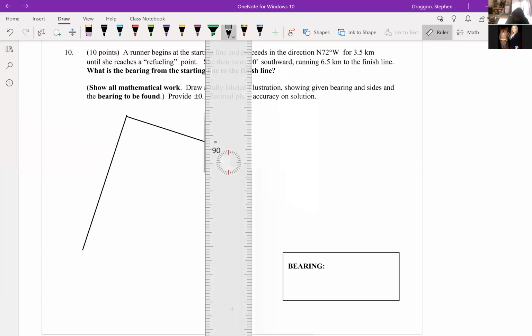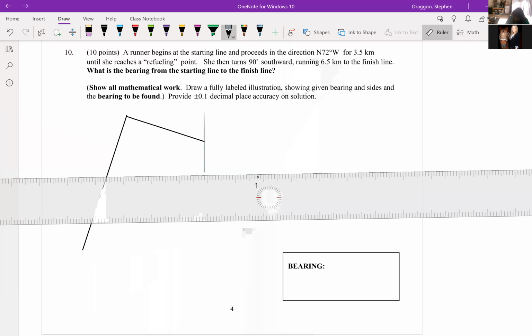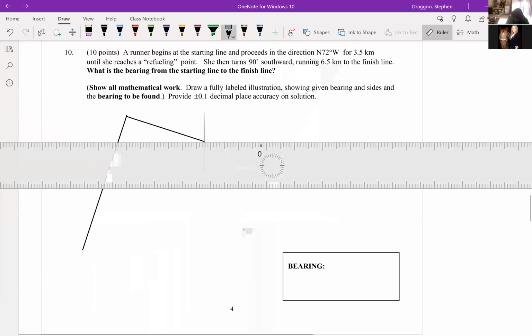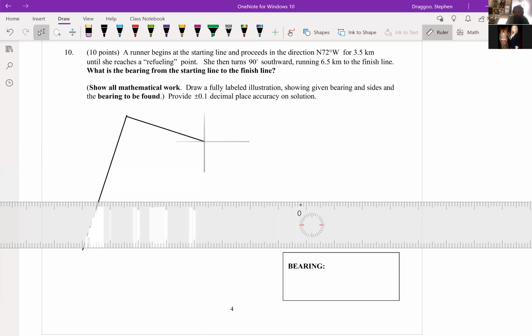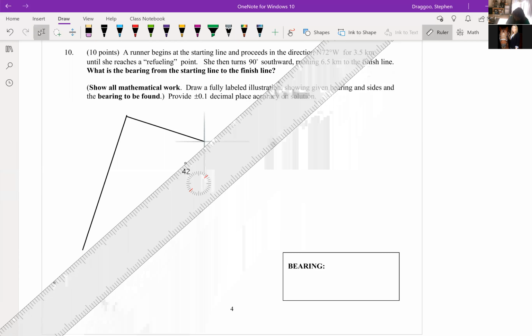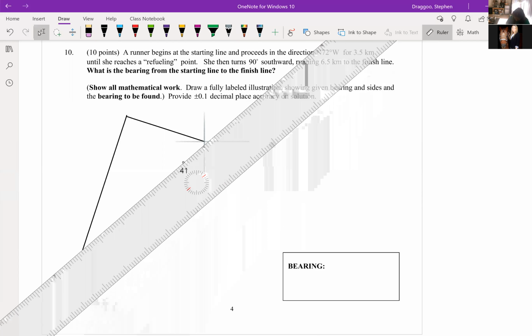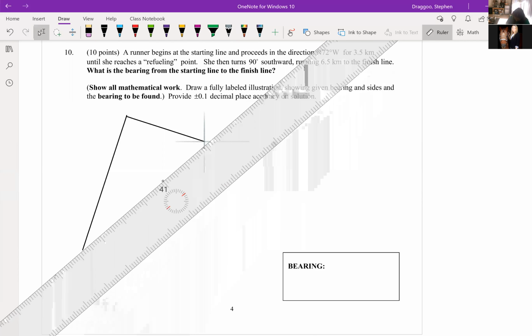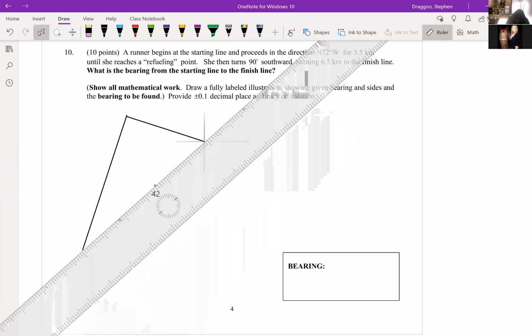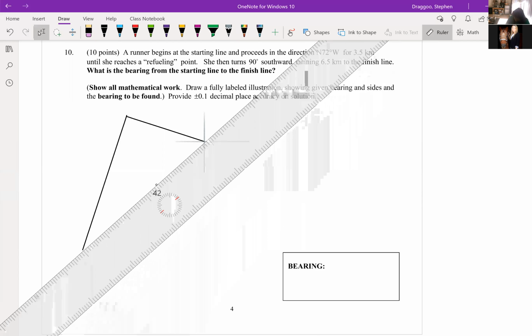Compass heading at the starting line. And then I need to connect the last little bit right here. That looks good enough.